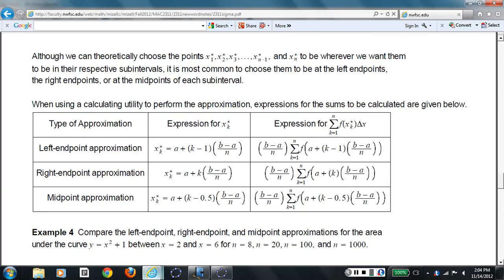What's the value of x sub k star if k equals 3? And we could express x sub k star in terms of, well, what information do we need? The left endpoint of the interval, the right hand endpoint of the interval, the value of n, how many subintervals are there, and is it going to be the midpoint of each little subinterval? Is it going to be the left hand endpoint? Is it going to be the right hand endpoint?